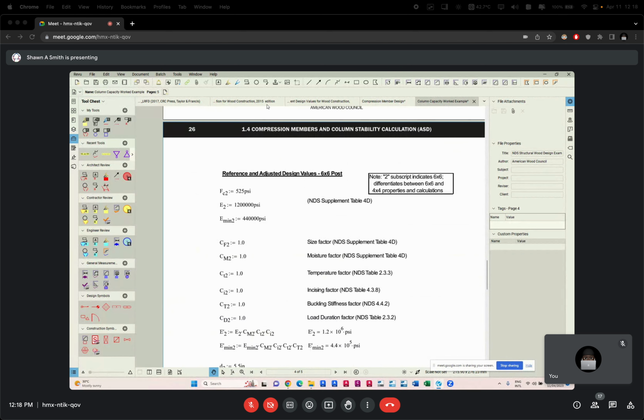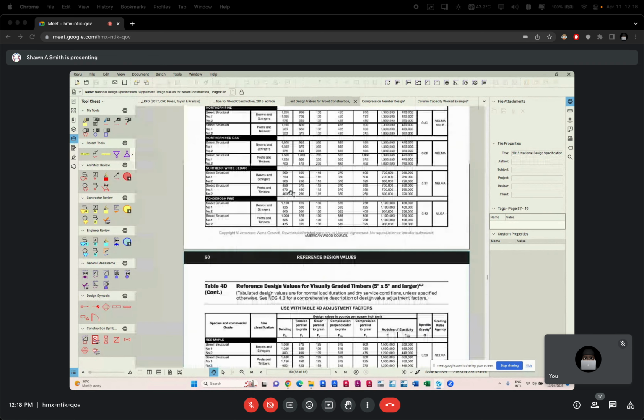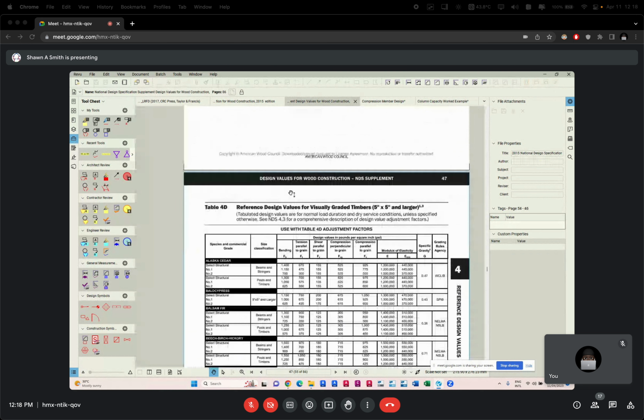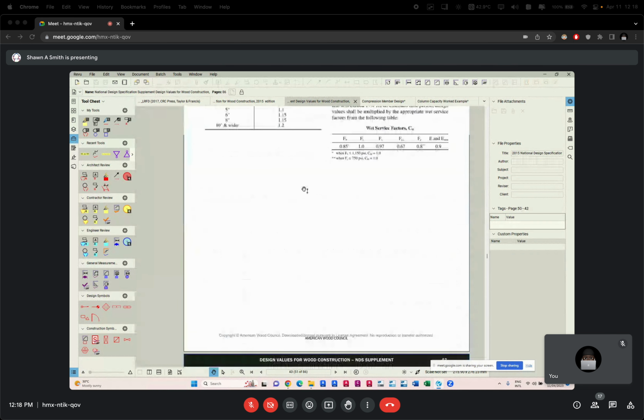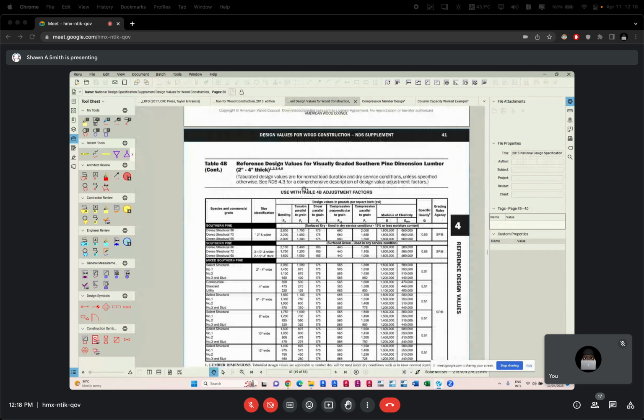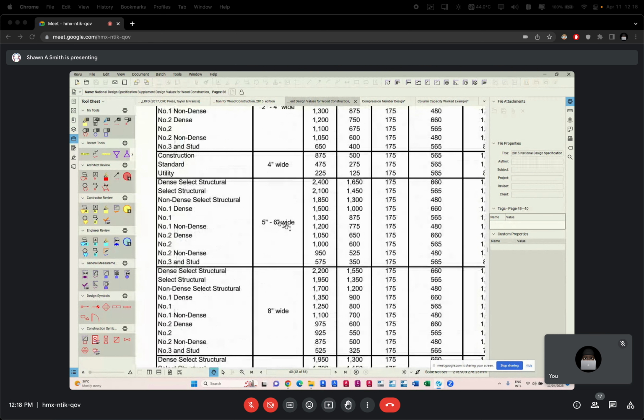So we have to be careful how we use these tables. Because the table before, that's 4B, 4B was actually saying 5 to 6 inches wide.